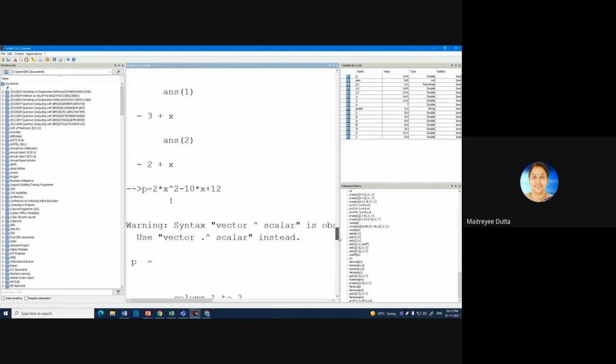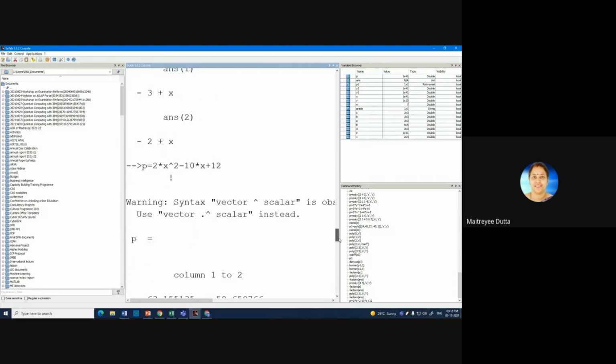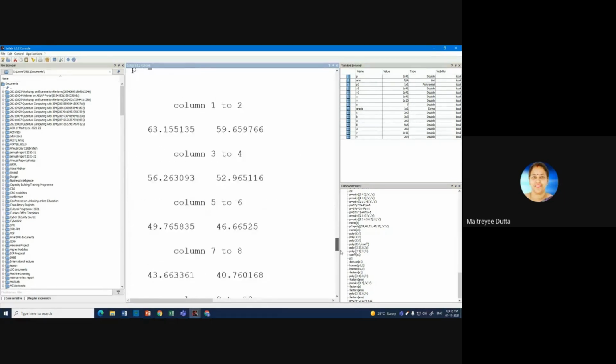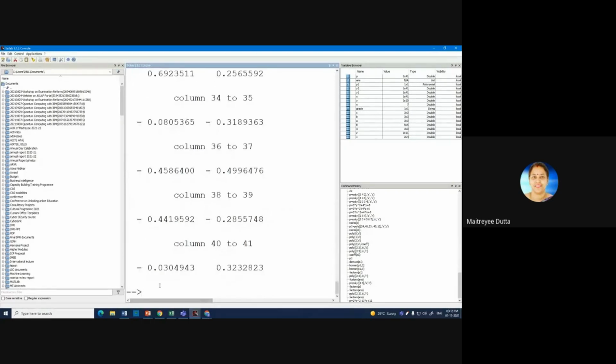Okay, the x values are there. Another value we can take. P is equal to poly 0 comma m, right?